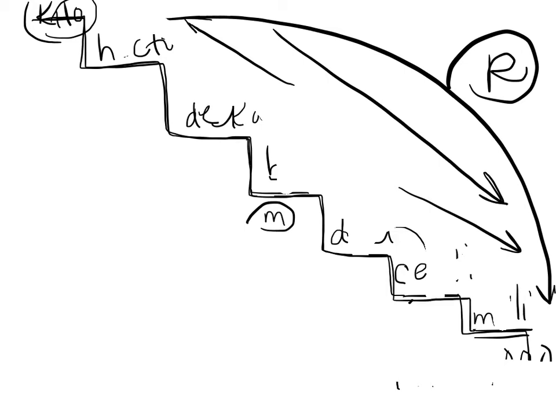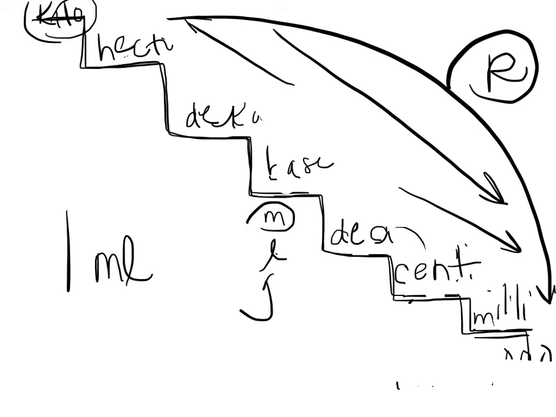And deca, base, meter, liter, gram, deci, centi, milli. Okay. So let's try one more. Let's see. How about 1 milliliter equals how many liters? Okay, and here's our base liter, and here's milliliter.